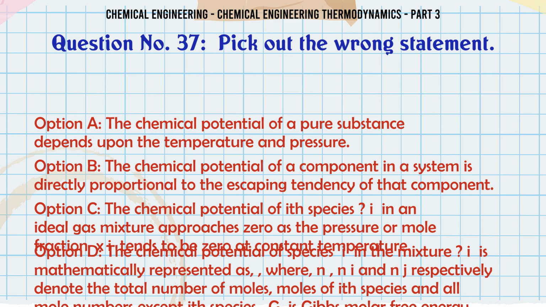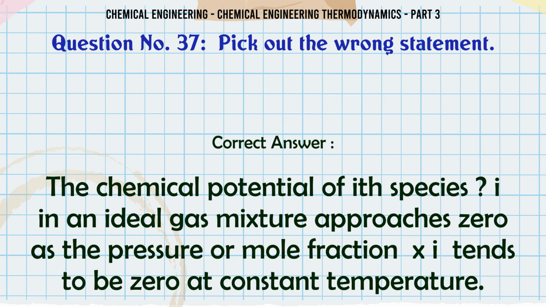D. The chemical potential of species i in the mixture is mathematically represented as, where N, Ni and Nj respectively denote the total number of moles, of species i, and all mole numbers except species i. G is Gibbs molar free energy. The correct answer is the chemical potential of species i in an ideal gas mixture approaches 0 as the pressure or mole fraction Xi tends to be 0 at constant temperature.